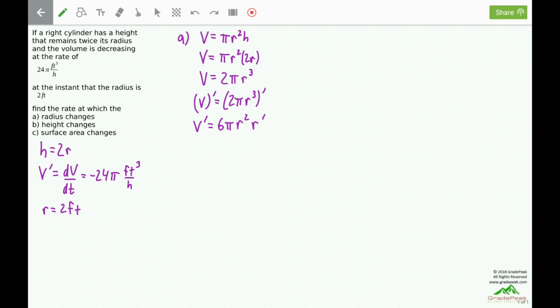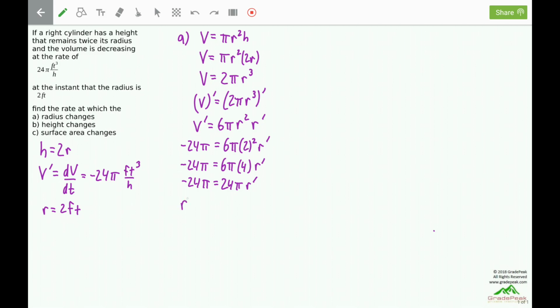We can now plug our numbers in. We have that v prime is a negative 24 pi, and that equals 6 pi times 2 squared times r prime. So negative 24 pi equals 6 pi times 4 times r prime. Negative 24 pi equals 6 times 4 is 24 pi r prime.